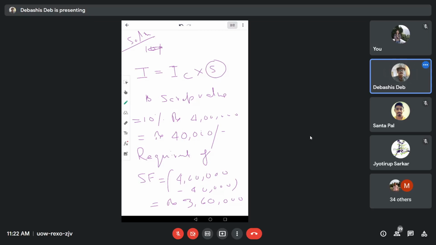Yes, sir, it is clear now that my requirement is not 4 lakhs. Since I will be getting scrap value of 40,000, my requirement of sinking fund now comes to 4 lakhs minus 40,000, 3 lakhs 60,000. Okay.